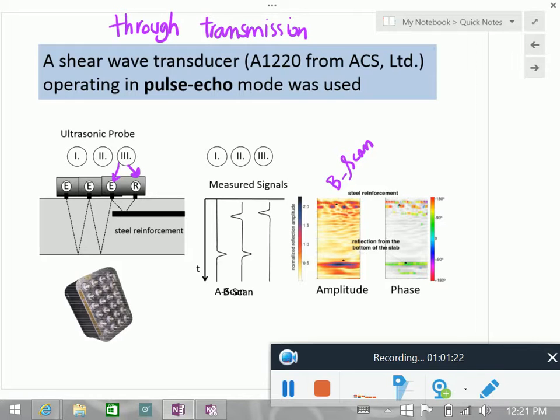So why don't we use what we did in the lab here? We have to have both sides available, and here we only have one side. Exactly. This is a preferred method for field testing because of one-sided access.